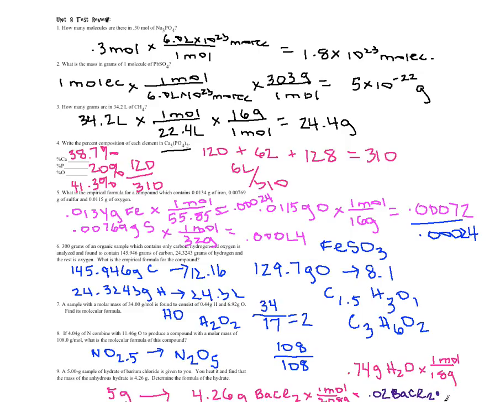When I divide these guys, I get 0.04 H2O. I'm running out of space. Okay, so when I divide, I'm going to divide both of these by 0.02. I end up getting BaCl2 dot 2H2O. Okay, and I'm done. That's my formula for a hydrate.